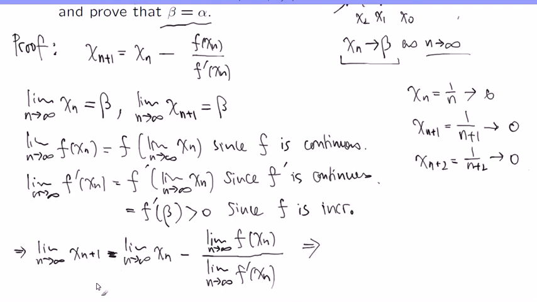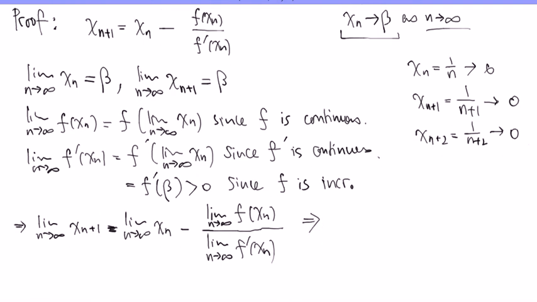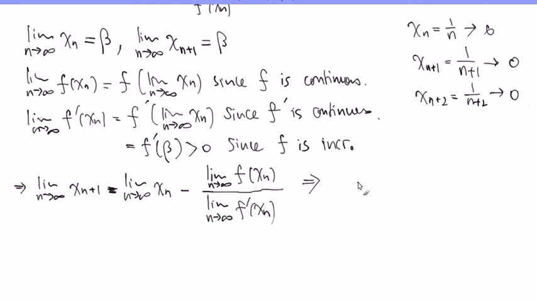What is the limit of xn plus 1? It's a letter. That was beta. How about this one in here? If this one goes to beta, and what happened to that guy? Went to beta as well.